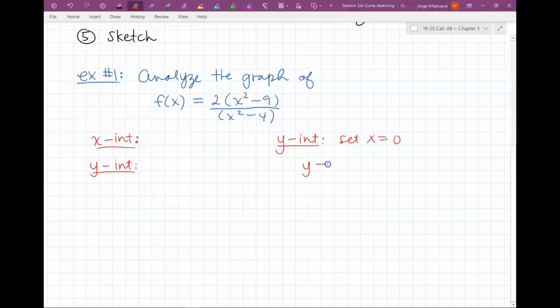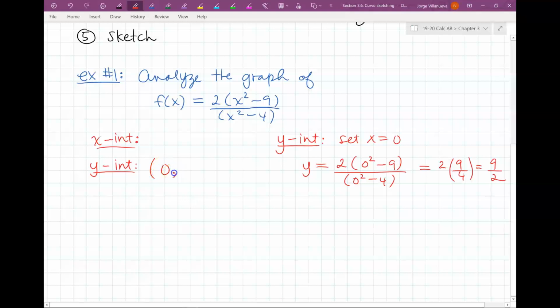So I get y equal to 2 times 0 squared minus 9 over 0 squared minus 4. That's equal to 2 times 9/4, which is 9/2. So my y-intercept is (0, 9/2).